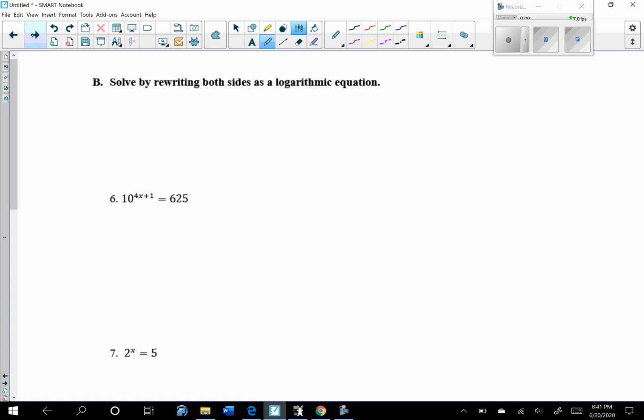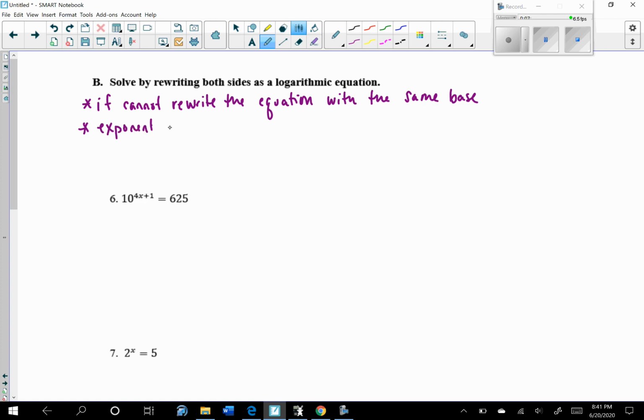So what happens if we can't make the bases the same? We're going to solve by rewriting both sides as a logarithmic equation. So again, this is if we cannot rewrite the equation with the same base, and the exponent is on one side only.